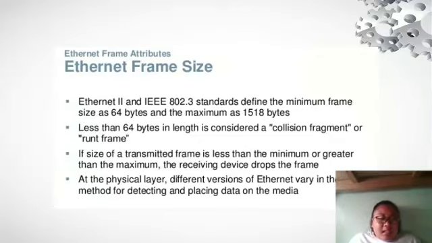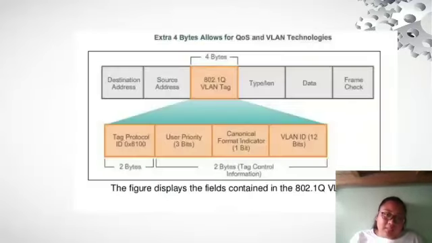At the physical layer, different versions of Ethernet vary in their method for detecting and placing data on the media. This figure shows the extra 4 bytes that allow for QoS and VLAN technologies. The figure displays the fields contained in the 802.1Q VLAN tag.